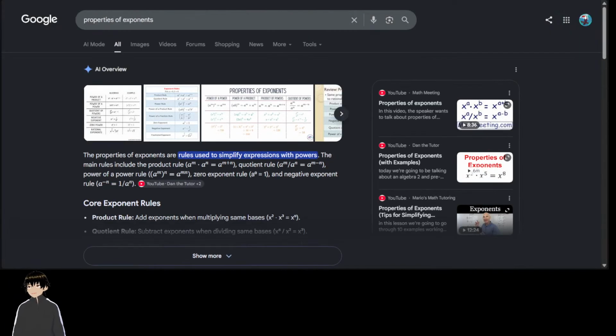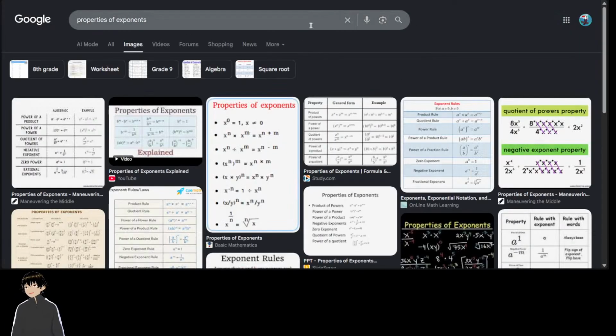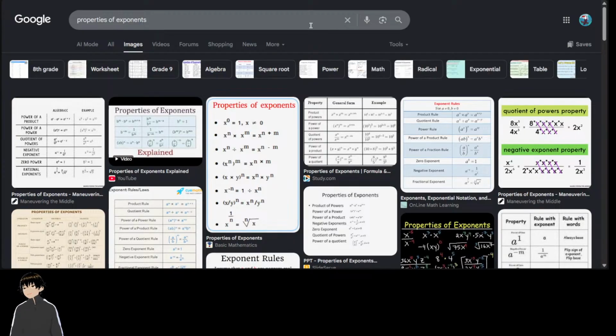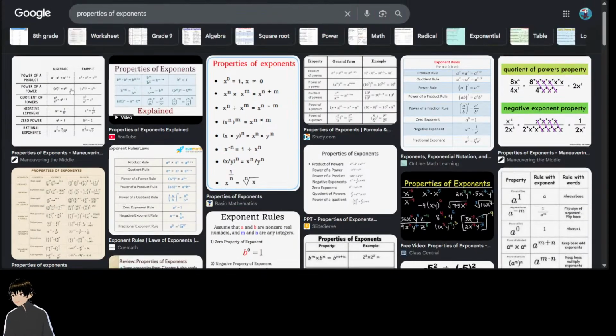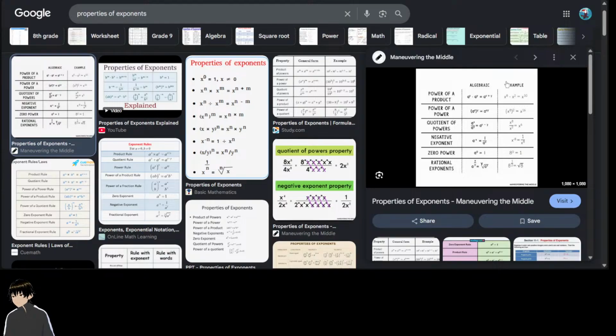This is where I hate Redditors, bro. If you're not gonna give me an answer, don't talk at all. Why are you talking? That guy just said, man, you need to work on your properties of exponents. Shut up, bro. Just give me an answer. I hate those type of people so much.